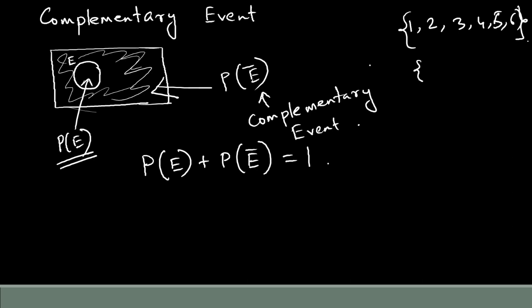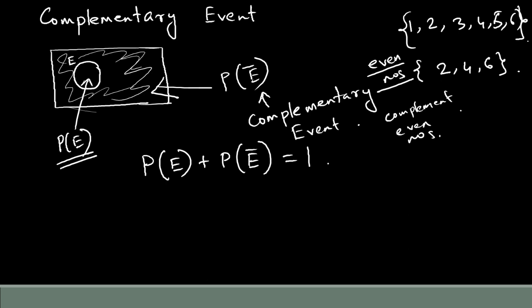Even numbers, 2 4 6. Now say I want to find the complement of even numbers. That means whatever is not even will come under this set, that is 1 3 5.